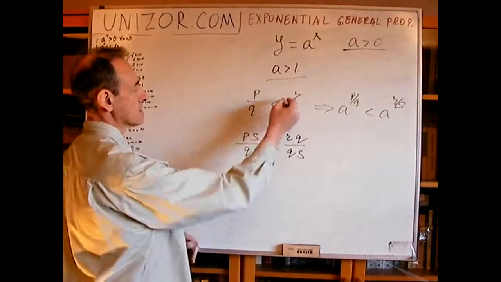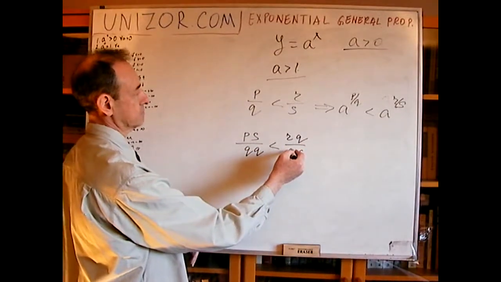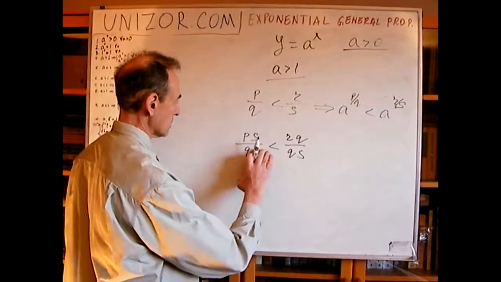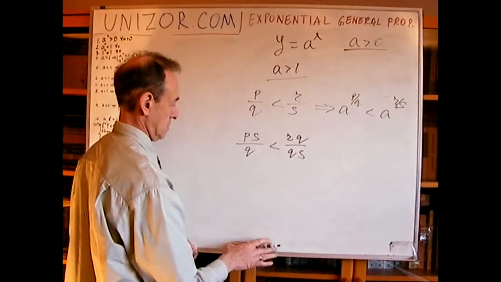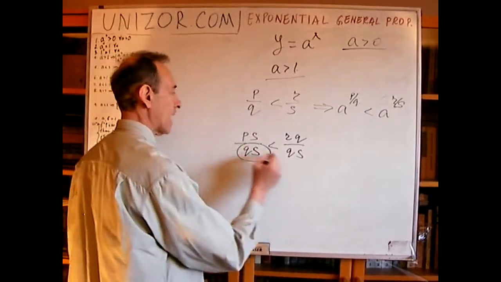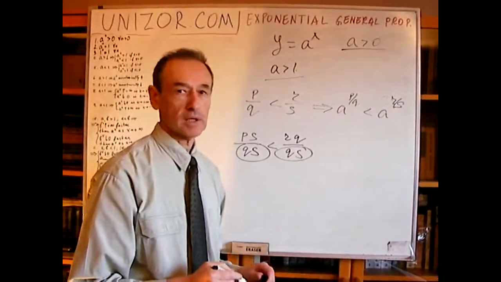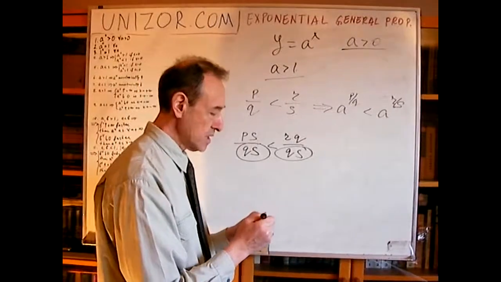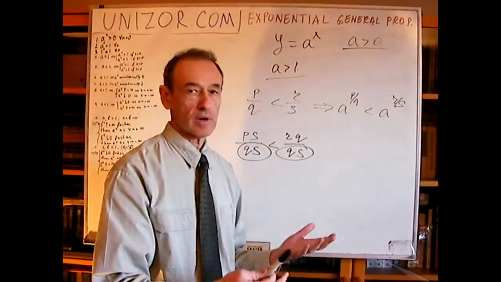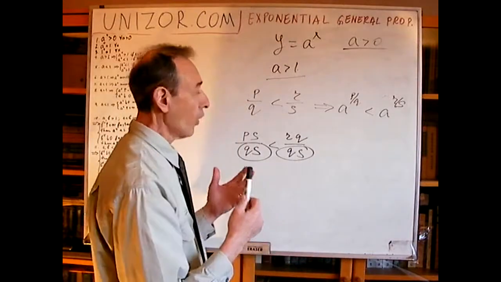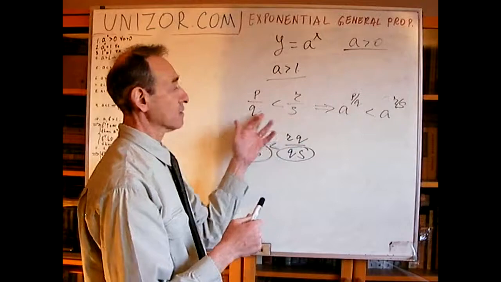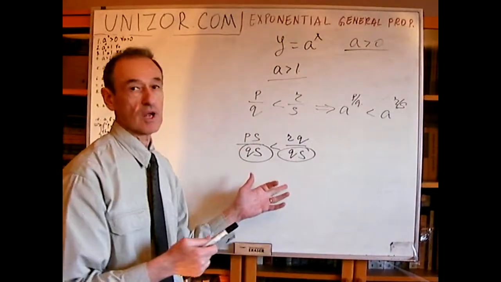So these are exactly the same. But now I have an advantage of having a common denominator. So it's easier for me to consider the same kind of theorem only for cases of common denominator, because if the denominator is not the same, I'll just bring them to a common denominator.